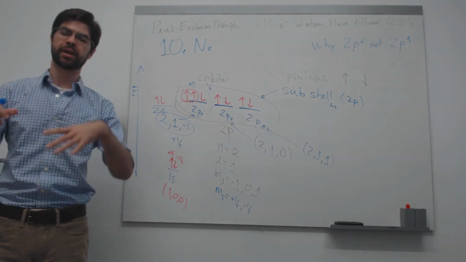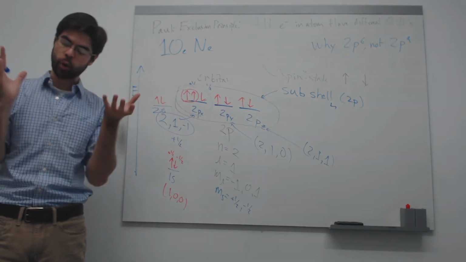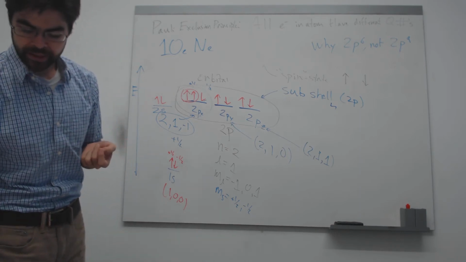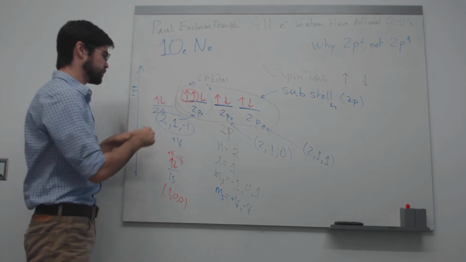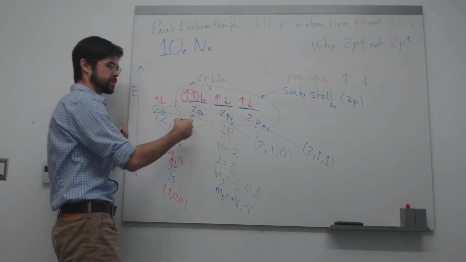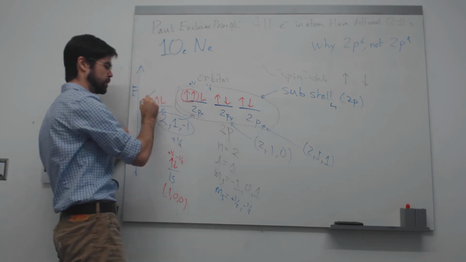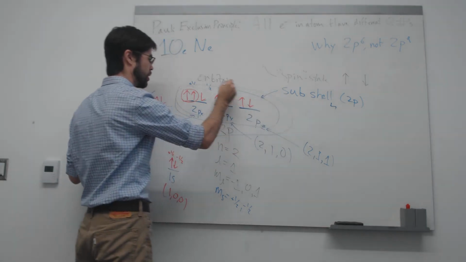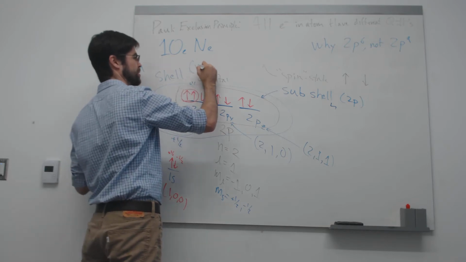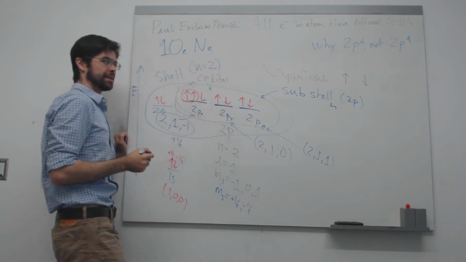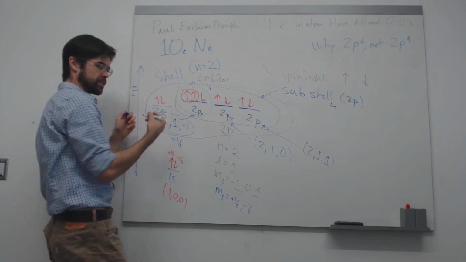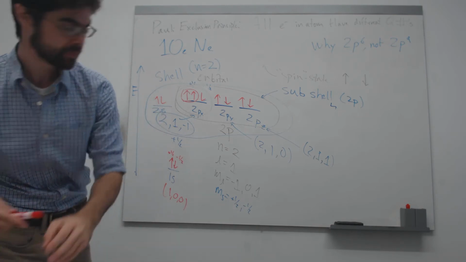Remember, we said that electrons and orbitals are grouped into shells. The shell number is determined by the principal quantum number. So I would say that the 2s and these 3 2p orbitals, all of them are in the same shell. Again, they're in the second shell, and n equals 2. This is the 2s subshell.